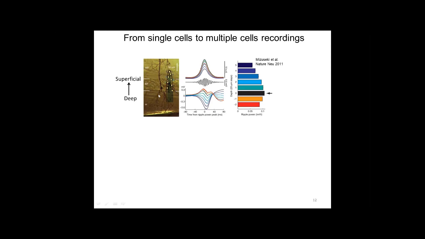So they thought that by extracting information from how the action potential is recorded extracellularly from cells that were closer to a particular electrode but farther away from others, you can localize the single unit activity across the shank.